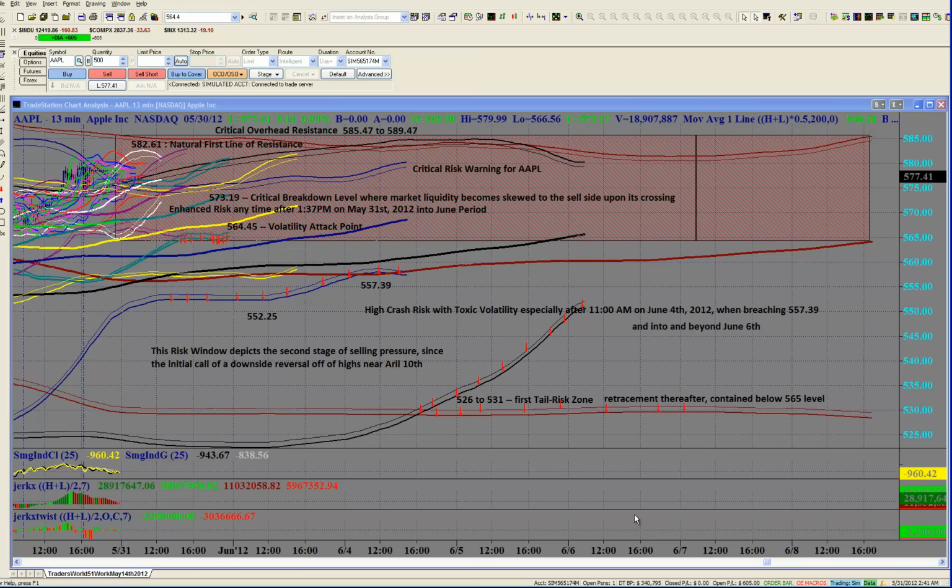I do expect that the vulnerability of Apple computer stock going forward is exceptional, especially considering that the world economy and stock market indices are deteriorating rapidly.